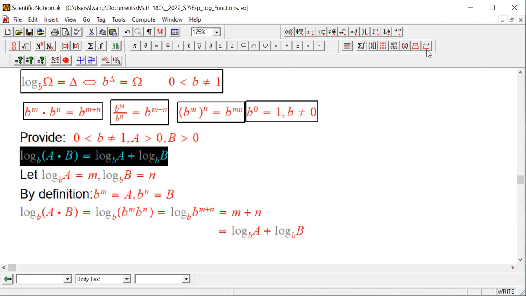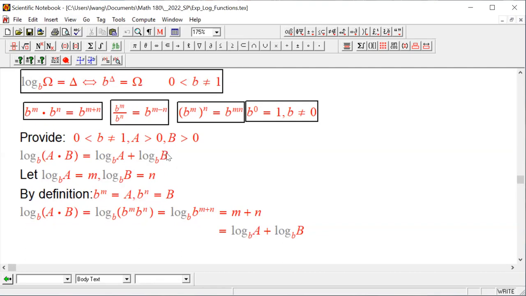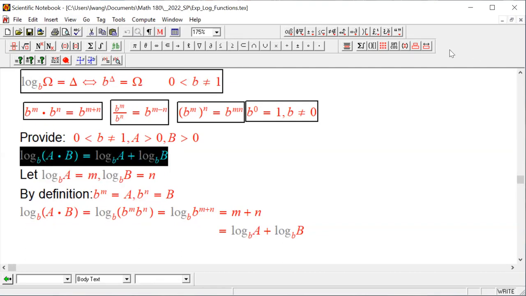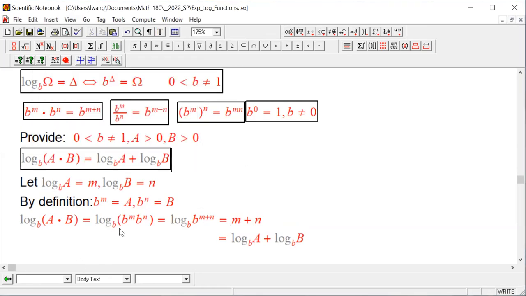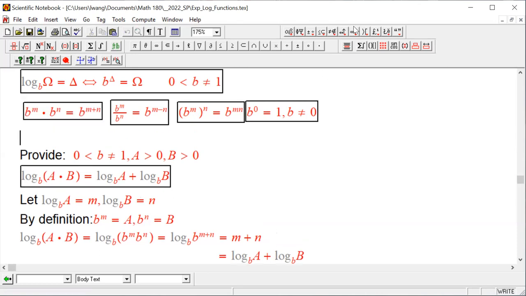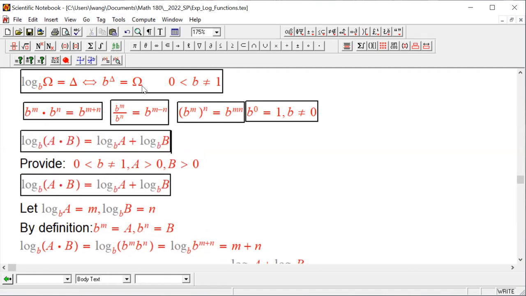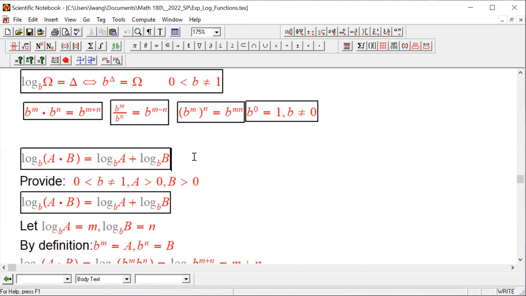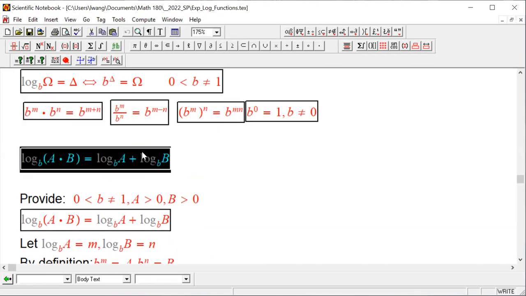So this is the property which is directly derived from this piece. So for logarithm, we have that. In exponential, we have this. For logarithm, we have the following. So these two are relatives.